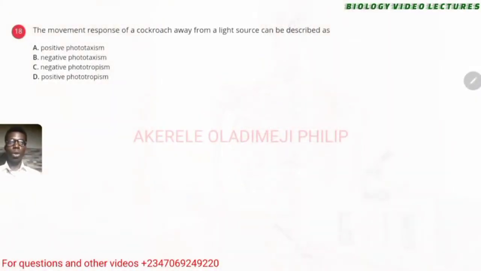The response of a cockroach away from a source of light can be described as... Now, number one, movement of animals in response to things is called taxism, or taxis, so to say, tactic movements.